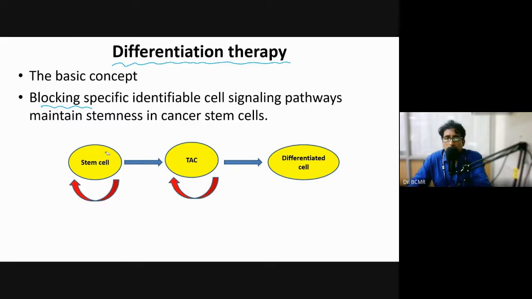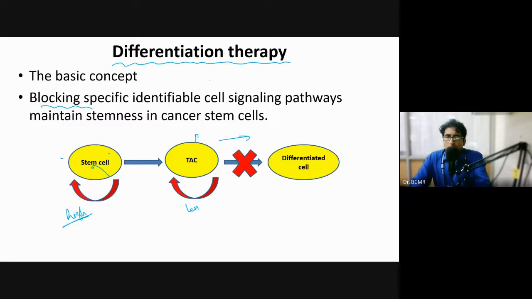There is also a certain degree of stemness. You can think of it this way: the stem cell has a high rate of self-renewal capacity, transit amplifying cells have very little, but there is a little bit. That's why they amplify in numbers and then differentiate into terminally differentiated cells.